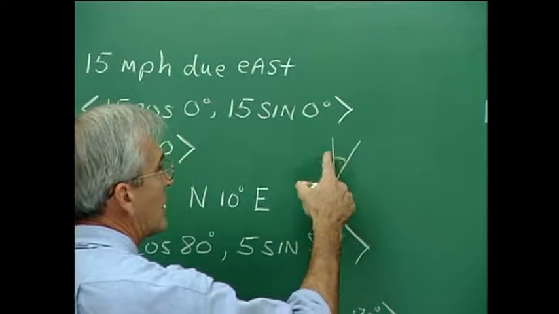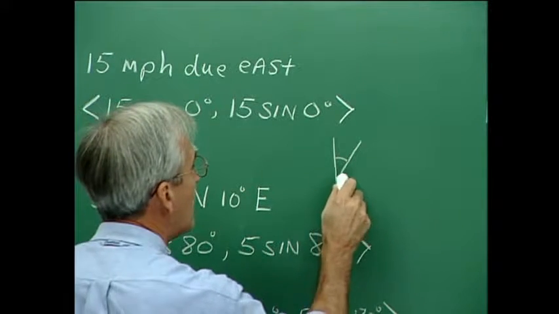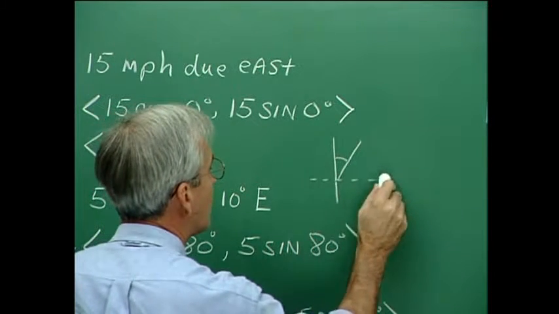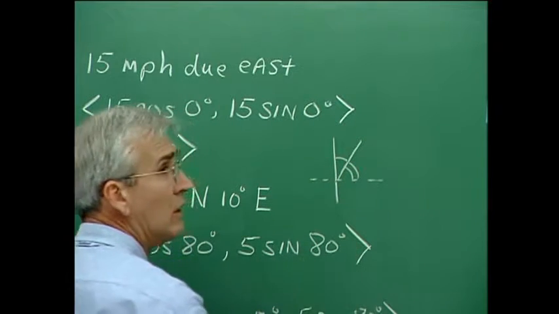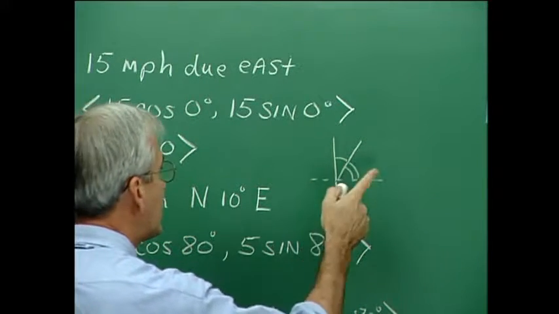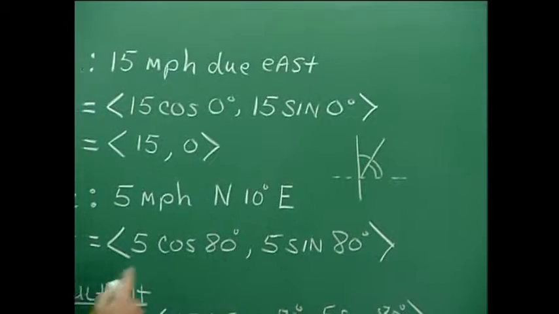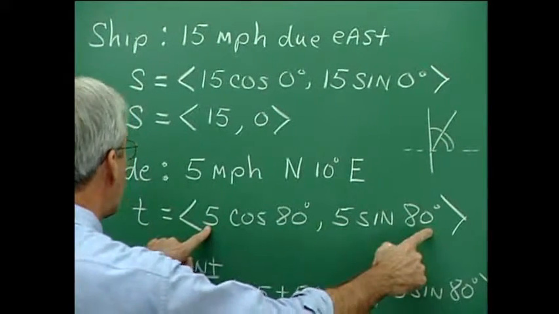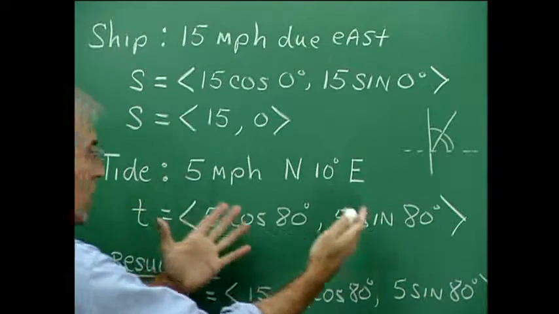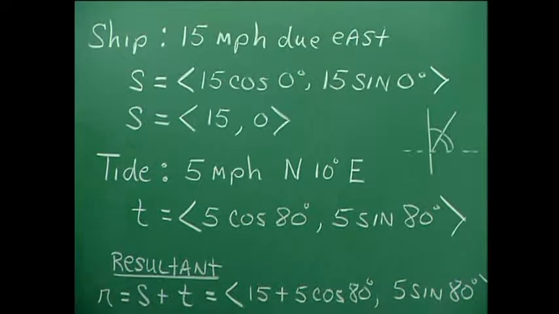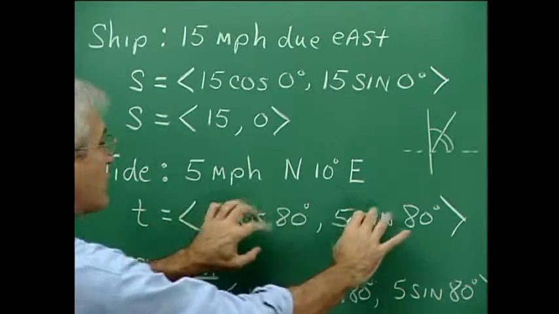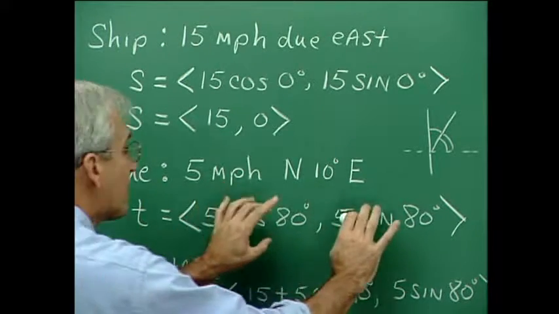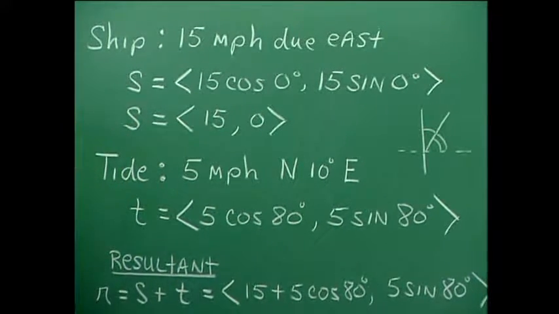I'm overemphasizing it with a larger angle than 10 degrees here, but that's the information that we're given. But what we really want is this angle. So we take 90 and subtract 10, we get 80 degrees, and that's why 80 degrees is used here. So we have 5 cosine 80 degrees, 5 sine 80 degrees, and we could actually approximate these values at this point if we want to. But we're going to use this in a further calculation, so let's leave this information in this form.